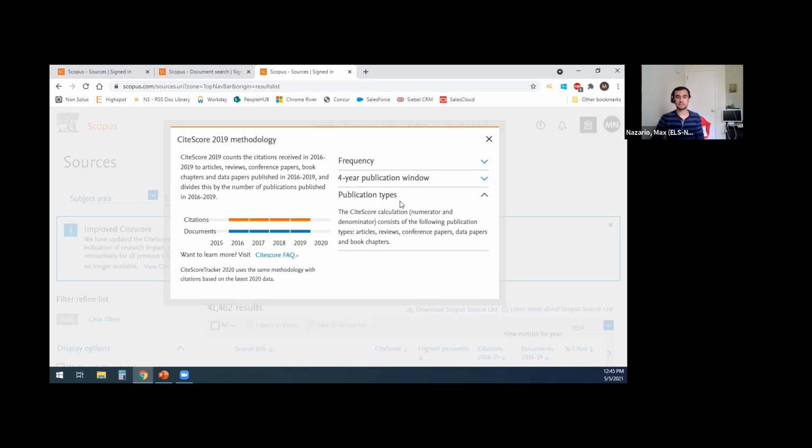So correspondence, letters, notes, or anything of those types are not counted within CiteScore calculations, but with a journal impact factor that is taken into consideration, just because the methodology is slightly different. Okay. Thank you, Max.